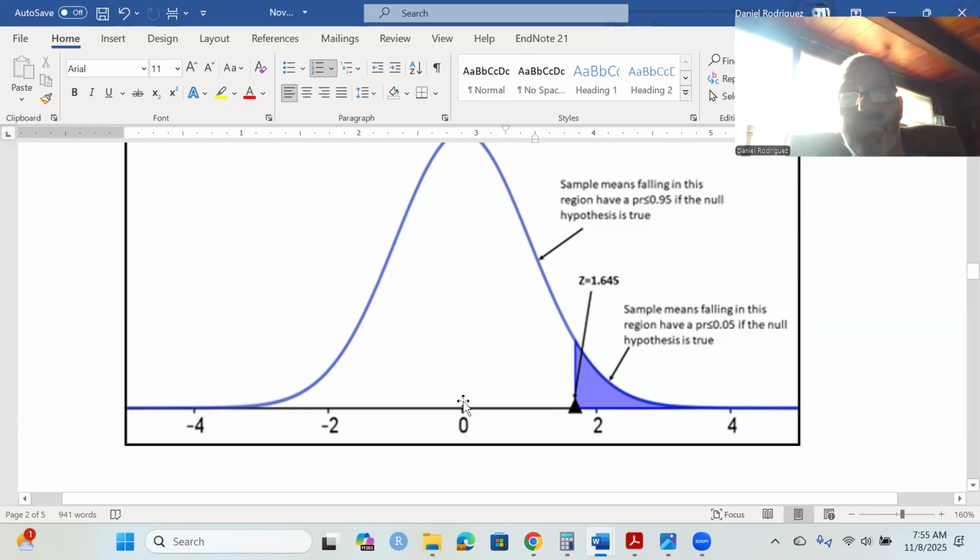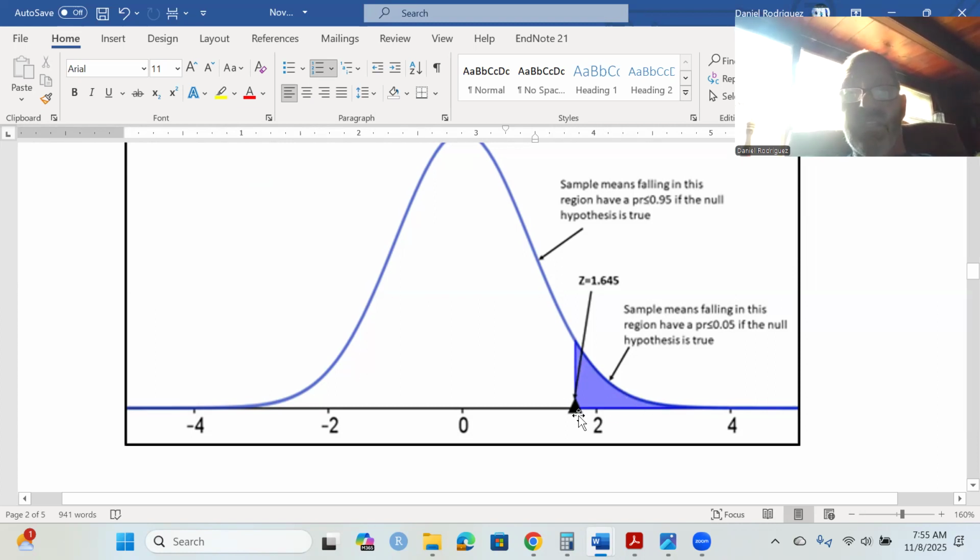I hypothesized that my sample mean was greater, 70 minus 50 is 20, so that's positive. Because of that, instead of splitting into the upper and lower 2.5%, the entirety of the 5% is on the right side of this distribution.